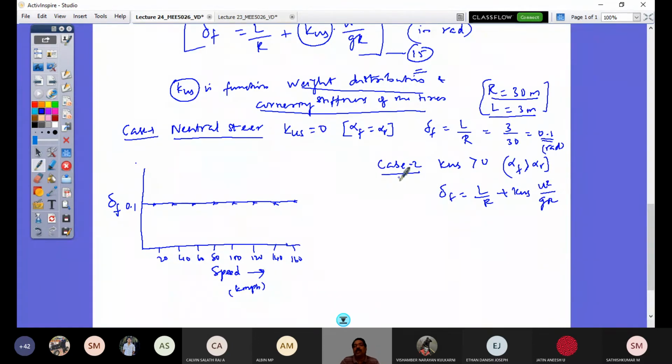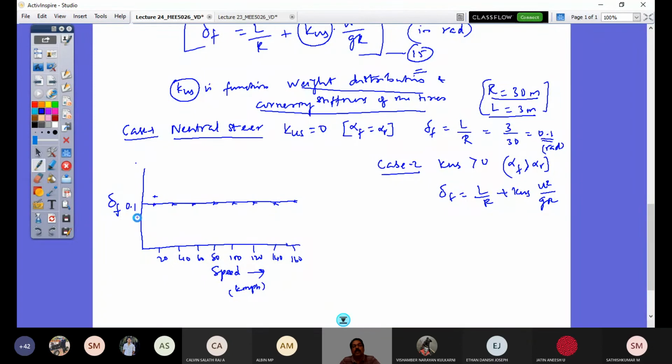So the variation of my requirement of steer angle, as my speed increases step by step, would vary parabolically. At 20 kilometers per hour, I would have some value here. At 40, I would have some value here. The requirement of steering angle increases as my speed increases.